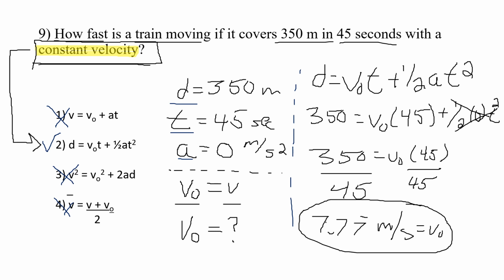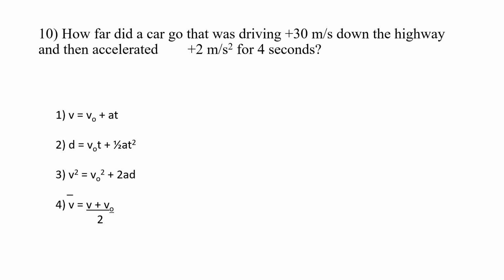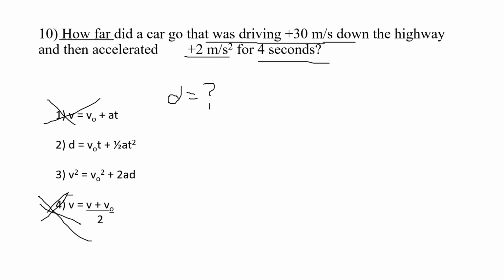Thoughts, problems, questions, concerns? Let's go. How far? Should be getting good at that by now. How far did a car go that was driving 30 meters per second down the highway and accelerated 2 meters per second squared for 4 seconds?